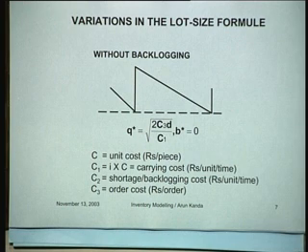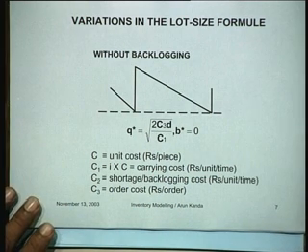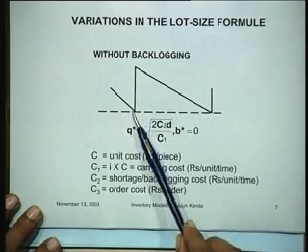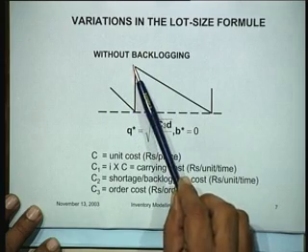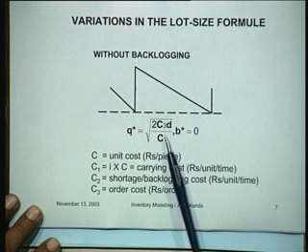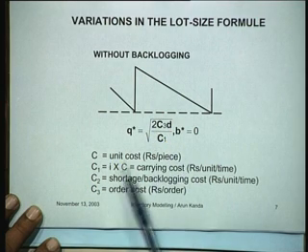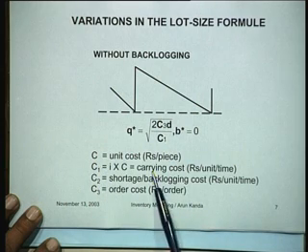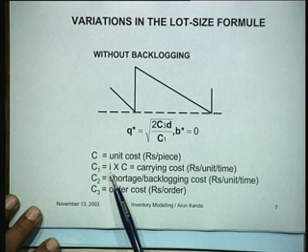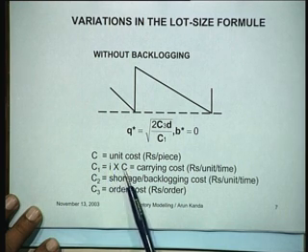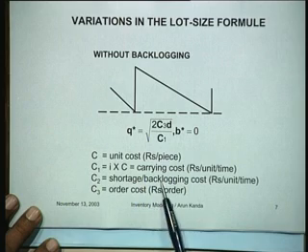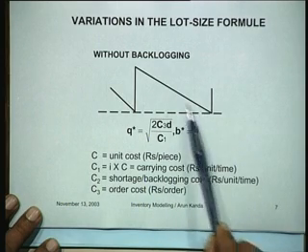If for instance you apply this approach, the final solution that you would get is a simple lot size formula, which is the purchase situation without backlogging: Q star is equal to the square root of 2 C3 D divided by C1, where C1 is the carrying cost in rupees per unit time, and normally the carrying cost is expressed as the product of the inventory carrying cost rate I and the unit cost C. C2 is the shortage or the backlogging cost, which does not appear here because this is a case without backlogging.